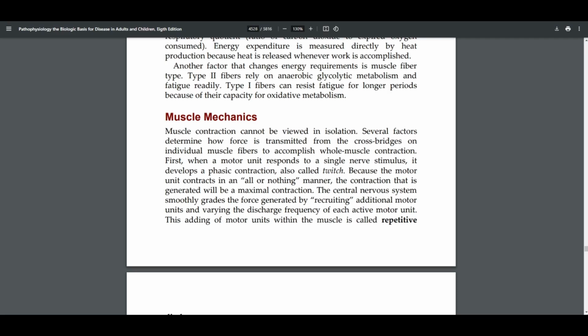The contraction that is generated will be a maximal contraction. The central nervous system smoothly grades the force generated by recruiting additional motor units and varying the discharge frequency of each motor unit.